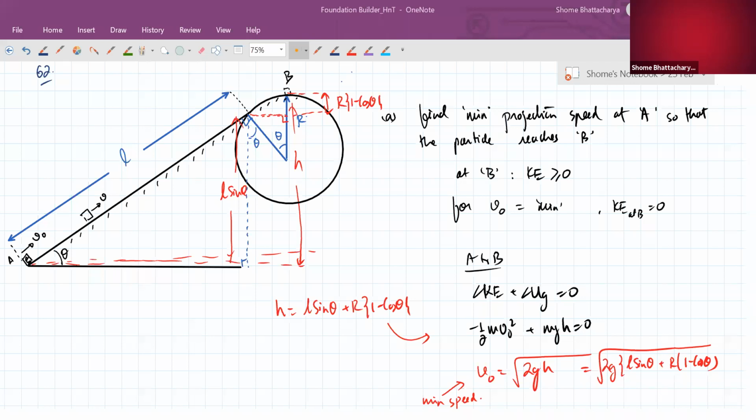Now C part, assuming that the projection speed is only slightly greater than v naught, where will the block lose contact with the track? Okay, so let's understand the B and C part next.